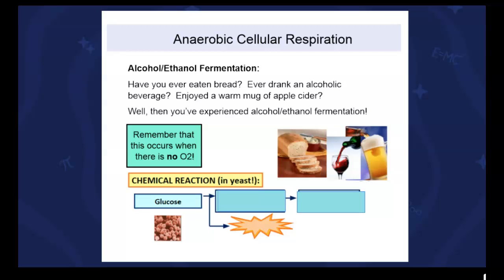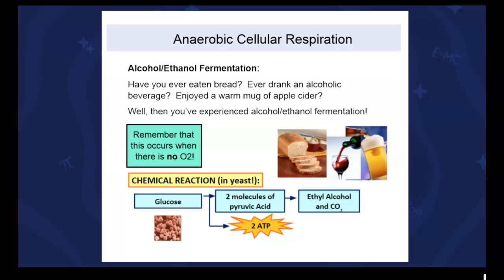We start with glucose and break it into 2 pyruvic acid molecules. This is basically glycolysis, so it happens in our cytoplasm, and we make 2 ATP. Now, in normal cellular respiration, we would go into the intermediate step and make carbon dioxide and acetyl-CoA. But because oxygen isn't present, we can't do this process properly.